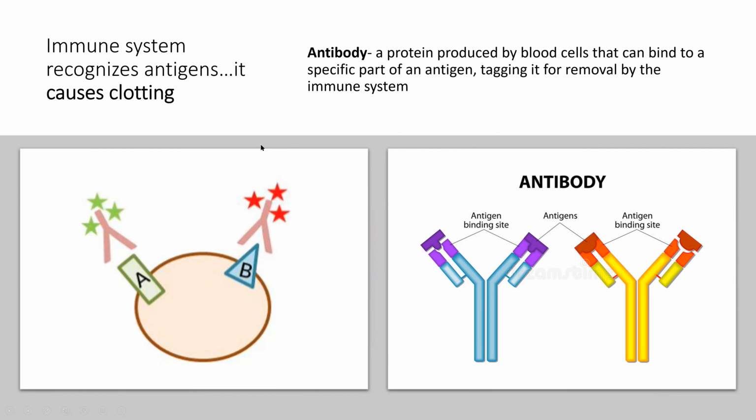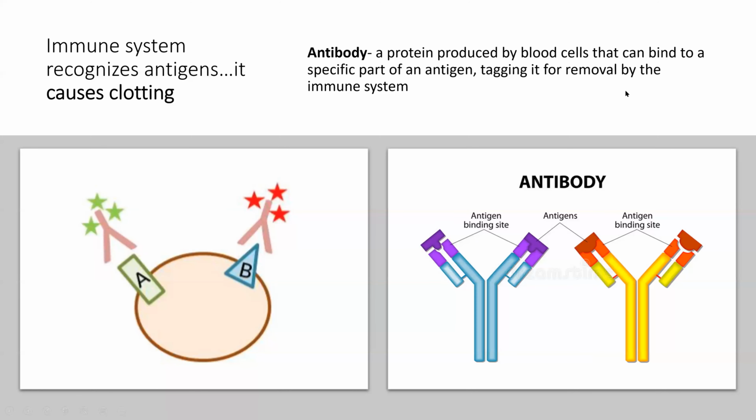Now we're going to move on and talk about how the immune system reacts and what that has to do with blood transfusions. So like I mentioned, the immune system can recognize antigens that are foreign to its own body, and this causes clotting. So an antibody is a new term, and it refers to a protein produced by blood cells that can bind to a specific part of an antigen, tagging it for removal by the immune system.